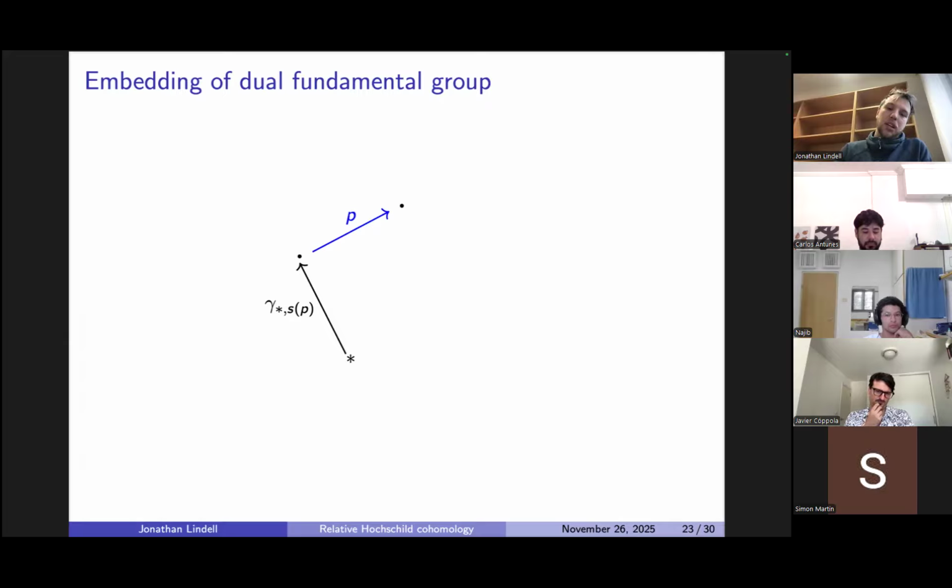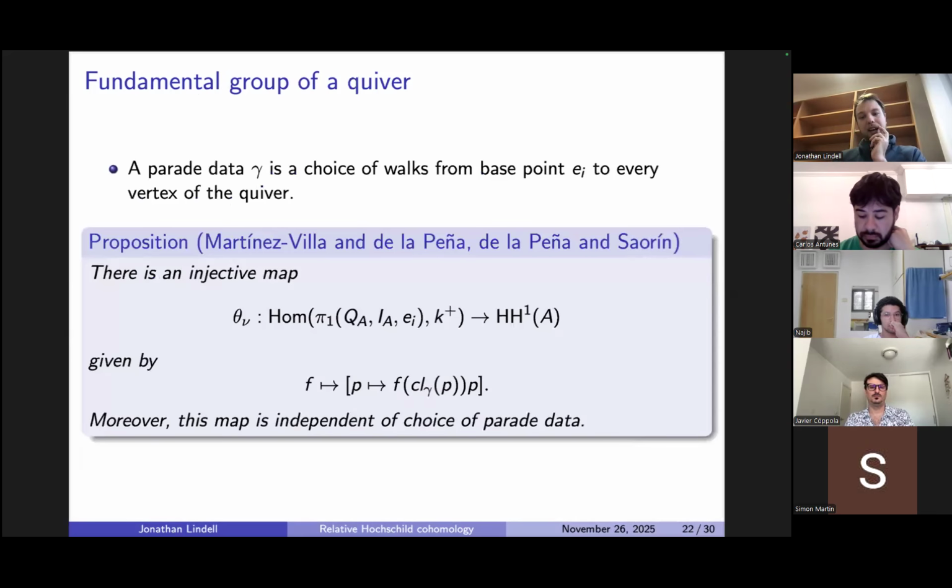Similarly, we take our path datum going from the terminal point of our path p to our base point star. Then we see that we have precisely a loop, so this is an element of pi1, the fundamental group. Then we can apply our function f to this to get a scalar, which we can then multiply our path p by. And this is the map that we have.